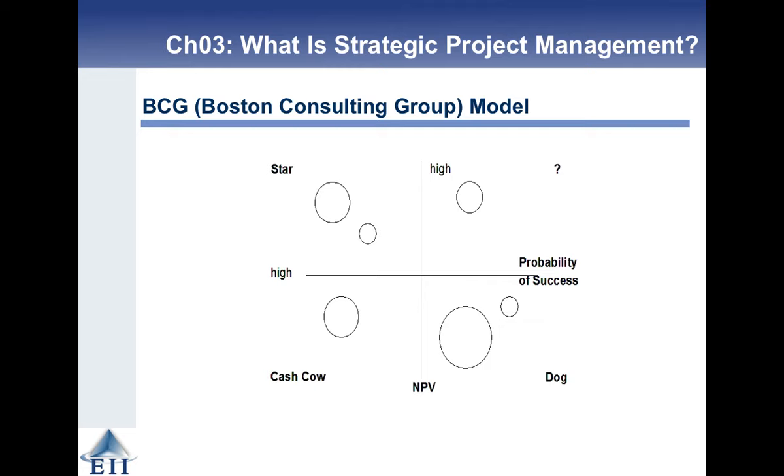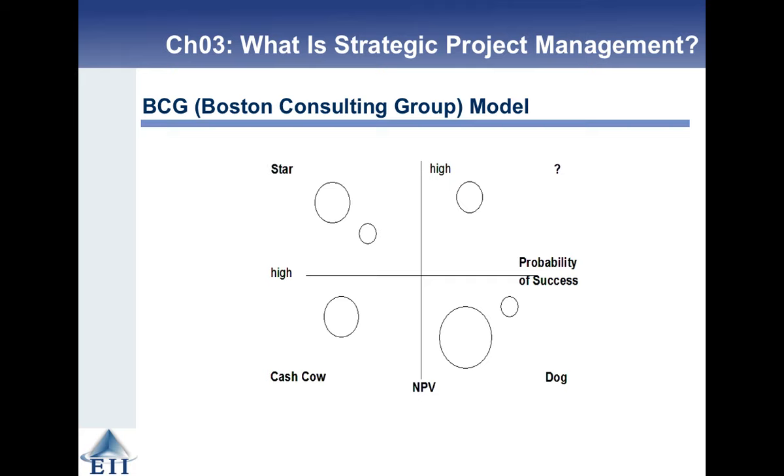Boston Consulting Group has a model that has net present value along one axis and the probability of success along the other axis. Right? If the probability of success is high and the net present value is high, so we're in the top left corner, then that's where you want to be.